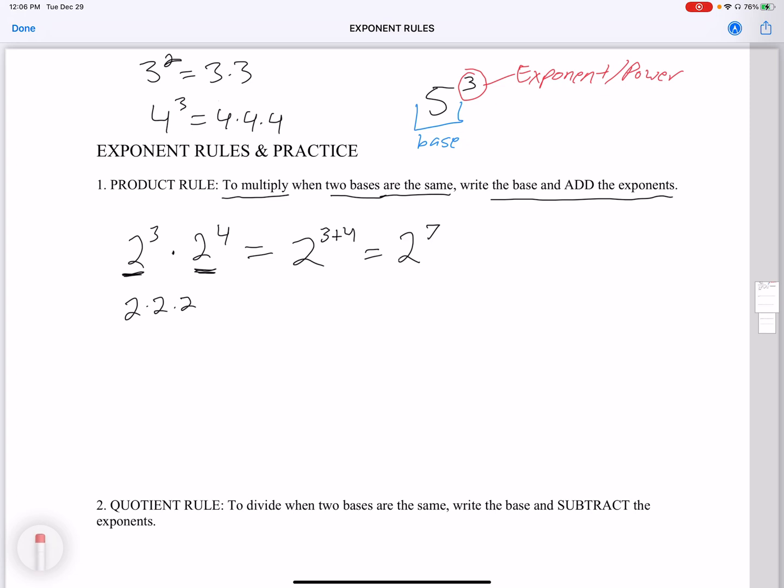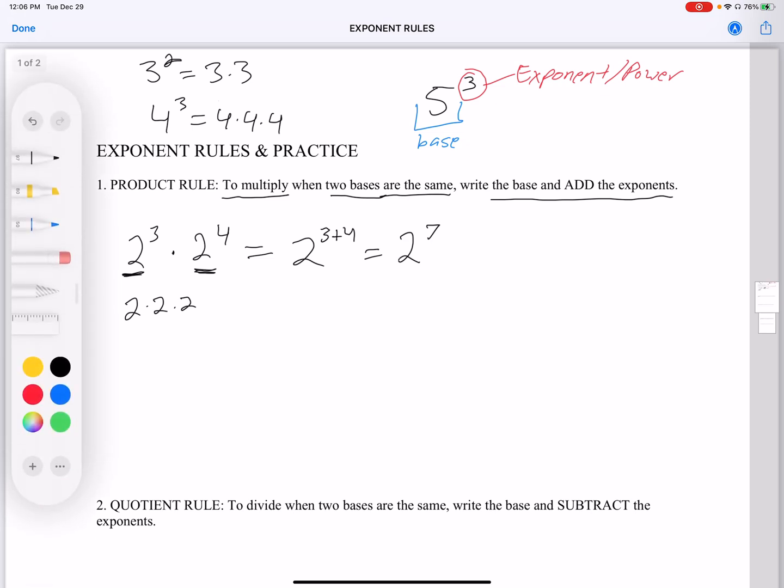And 2 to the fourth means 2 times 2 times 2 times 2. And if I'm multiplying them together, I now have 1, 2, 3, 4, 5, 6, 7 2's, which is just 2 to the 7th power. Okay? This works in any case.